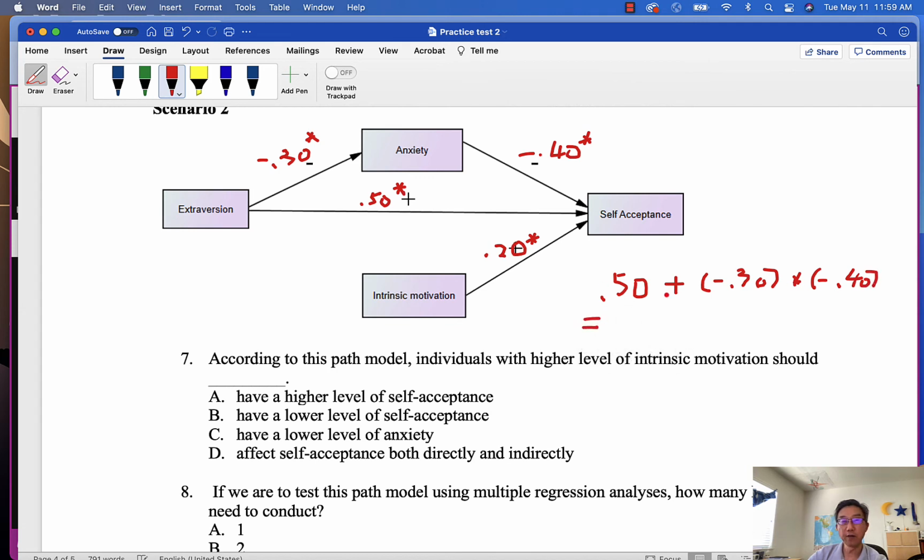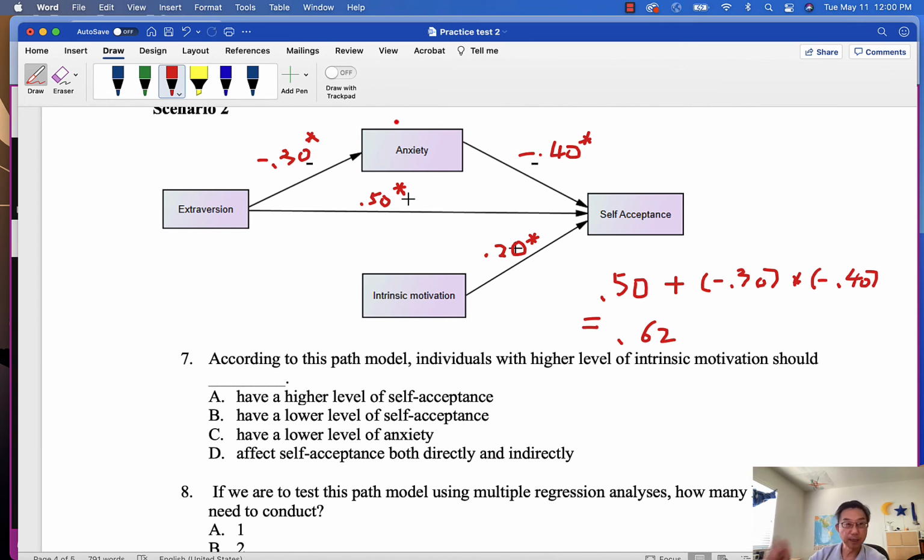Negative times negative is a positive, 0.12, so 0.5 plus 0.12 is 0.62. That's the answer.